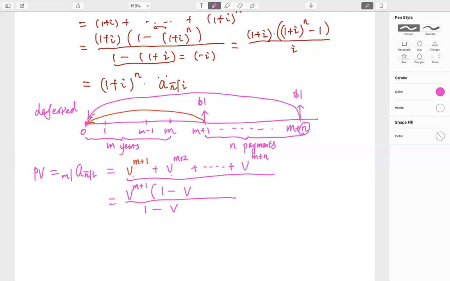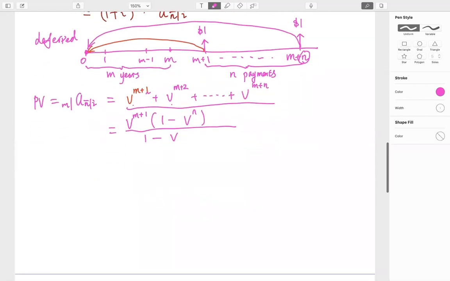I need to count how many terms, right? It starts with 1, it ends with n, so I know I have n terms. So period, it's finished, right? You can leave this as the formula for the deferred annuity immediate, but we can do so many things from here, even just mathematically, okay?